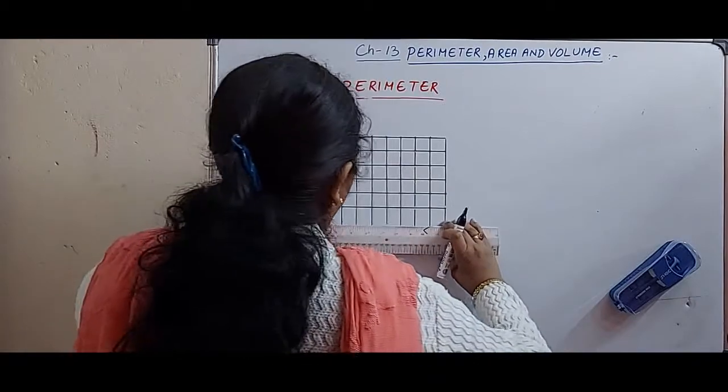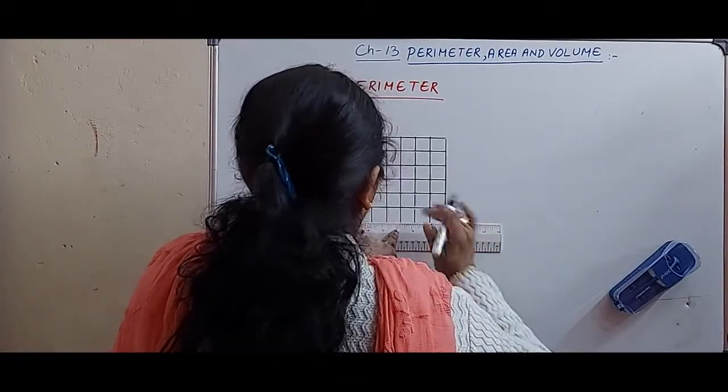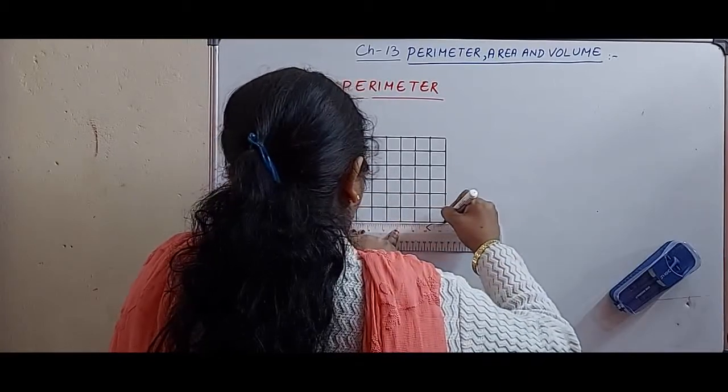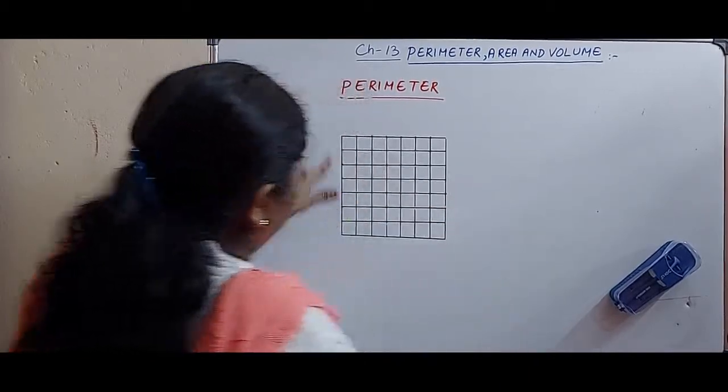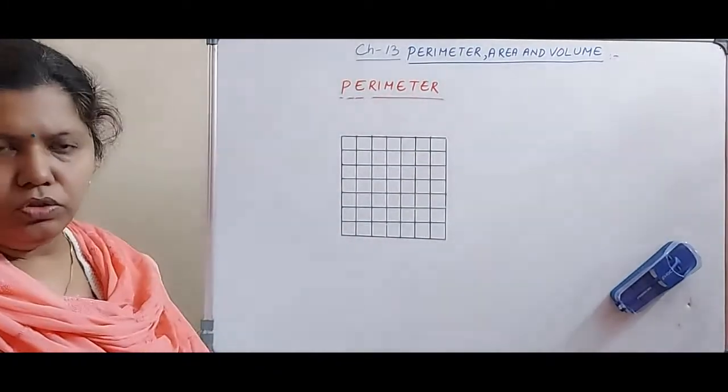So in this way, we have made the grid of 7 by 7. It means 7 squares column wise and 7 squares row wise. This is a proper grid that I have made as per your book.